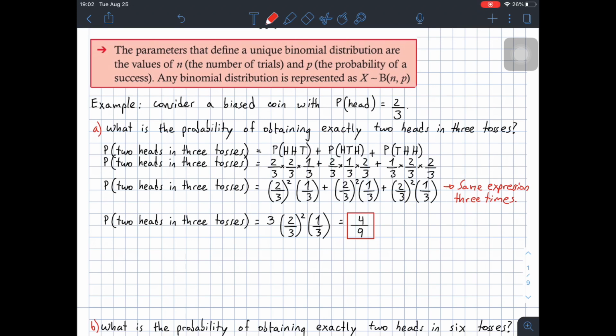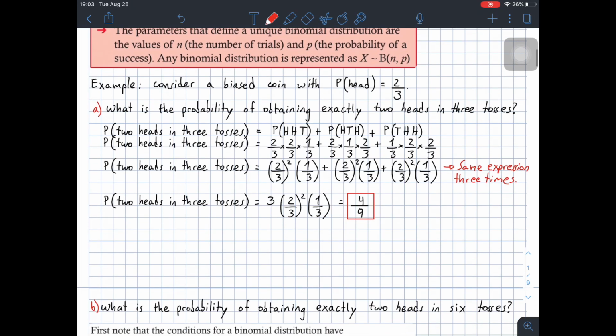We can write this in a more summarized way and just say that it's three times the probability of one of them, which is 2/3 squared times 1/3. This would be the probability of obtaining two heads in three tosses for this particular case, where we have a biased coin. So it's 4/9.